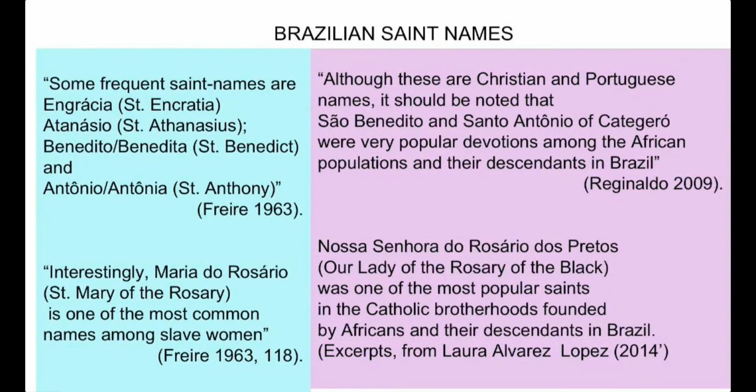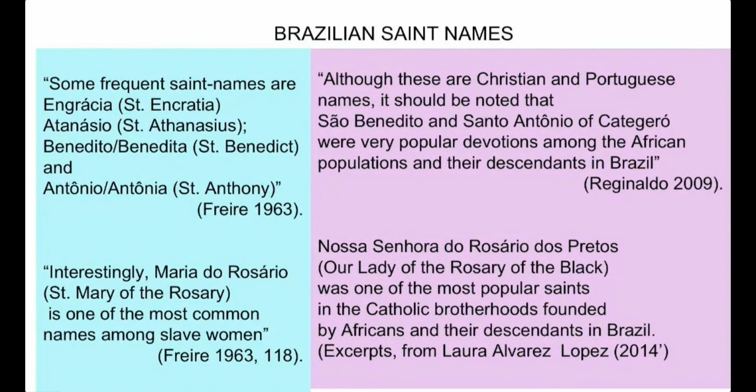But there was an option in Brazil. You could be given a name if you would accept a saint name. But the condition of accepting a saint name is that you would get it through Christianization by denouncing your own indigenous spiritual beliefs. And Christianization essentially meant Catholicism. Many refused and many accepted.